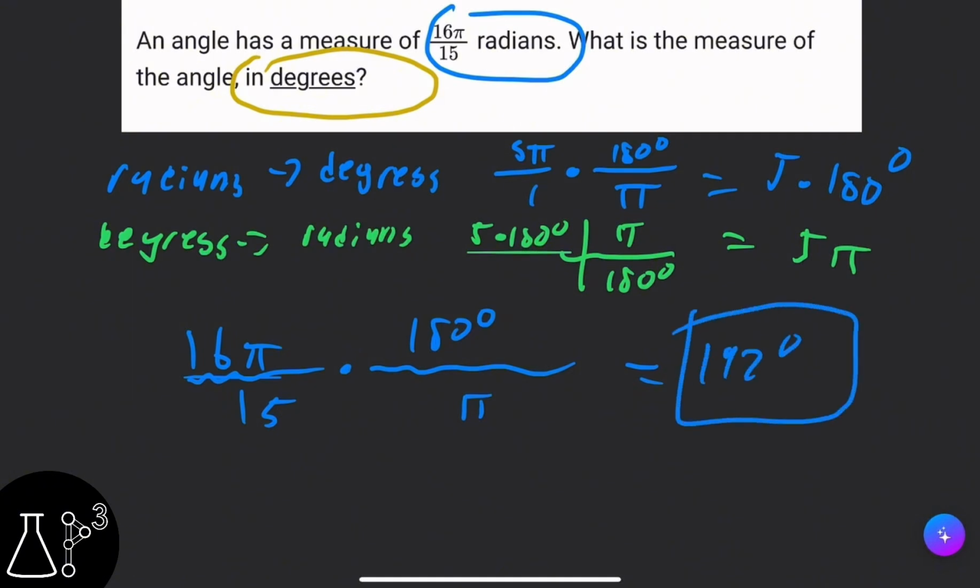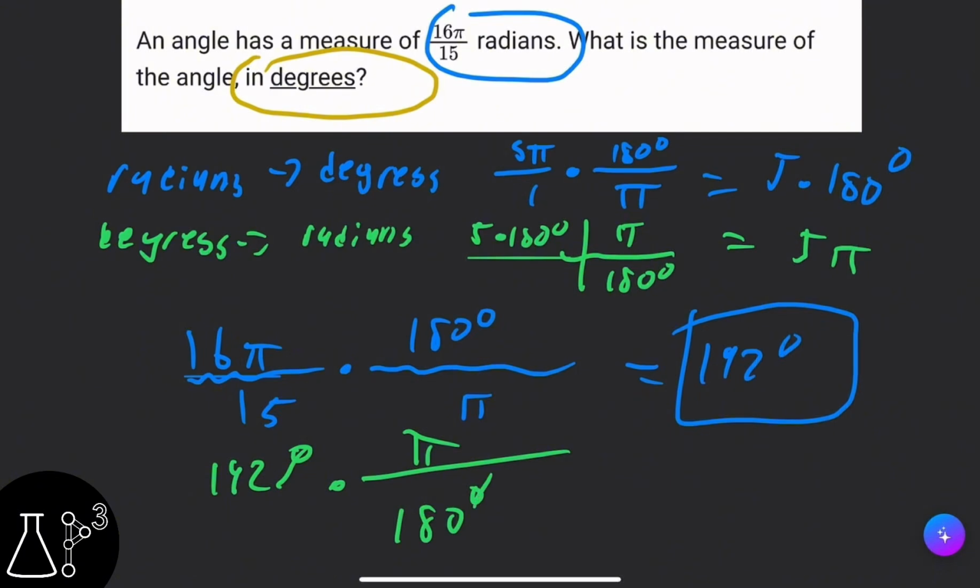But let's say they do give you 192 and you want to know the measure in radians, so you want to convert that from degrees. We do the opposite. If the angle measure is 192, all I have to do is divide it by 180 degrees and then multiply it by pi, and the degrees cancel out, just as the pi's cancelled out in the other example.